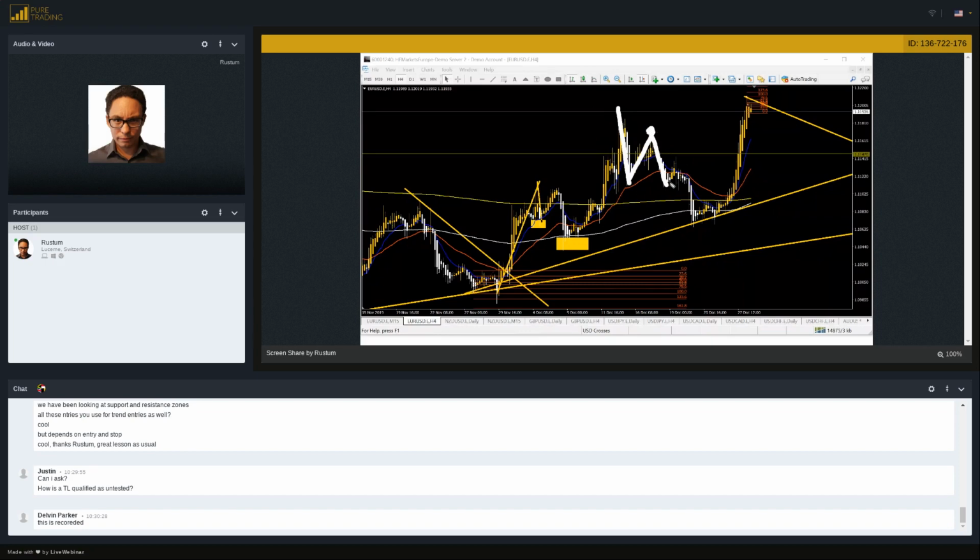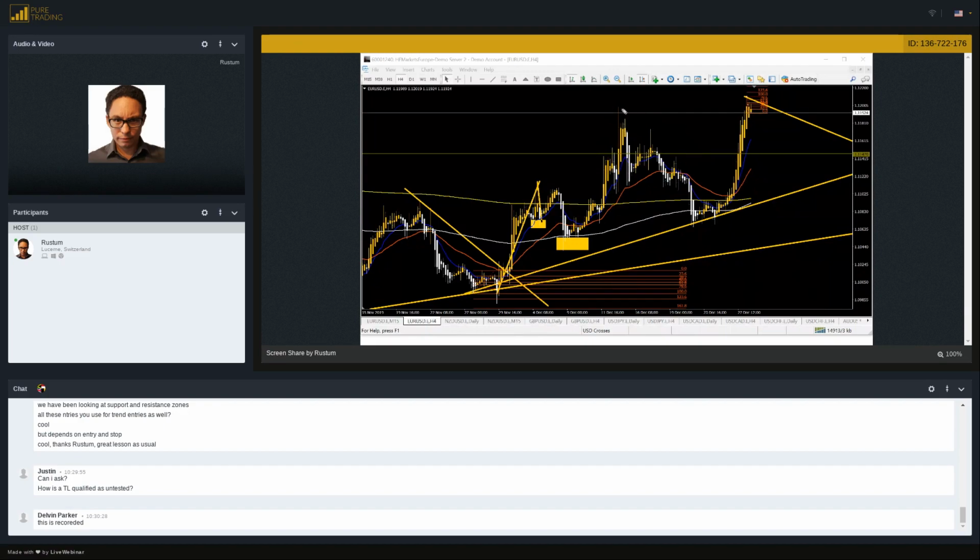Then down and then up. So now you can actually draw a trend line because you've got 2 points, 1 and 2. So that becomes a qualified trend now.